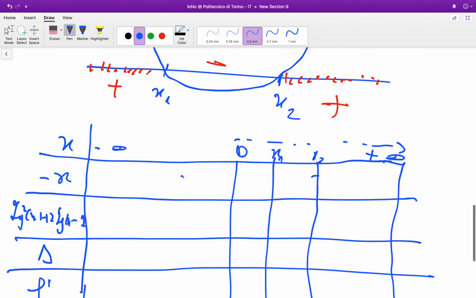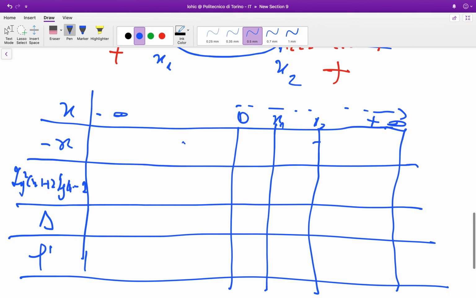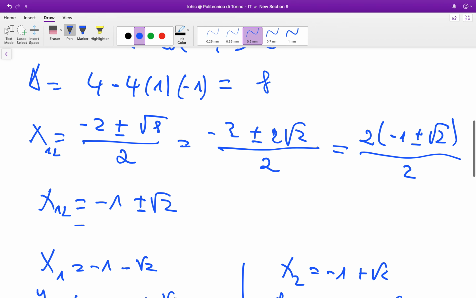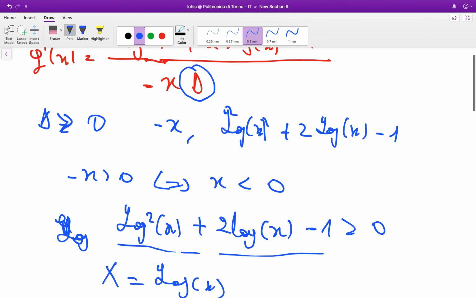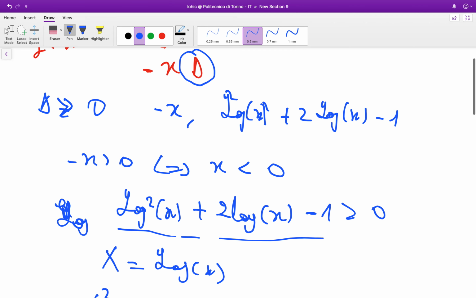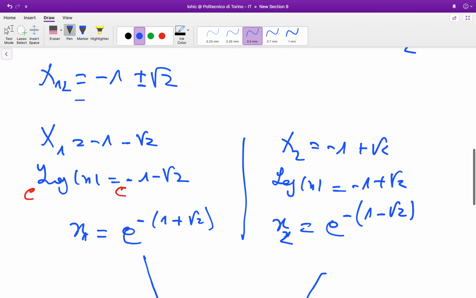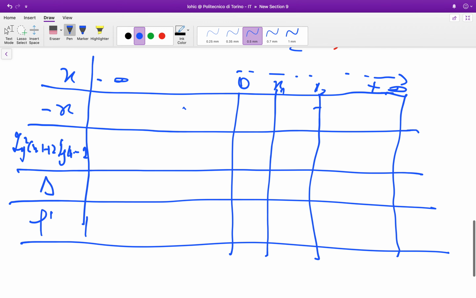So we saw that this function here, minus x, is greater than 0 only when x is smaller than 0. So in this interval it will always be negative. Is that clear? Because this function is greater than 0 only when x is smaller than 0, but here x is bigger than 0.